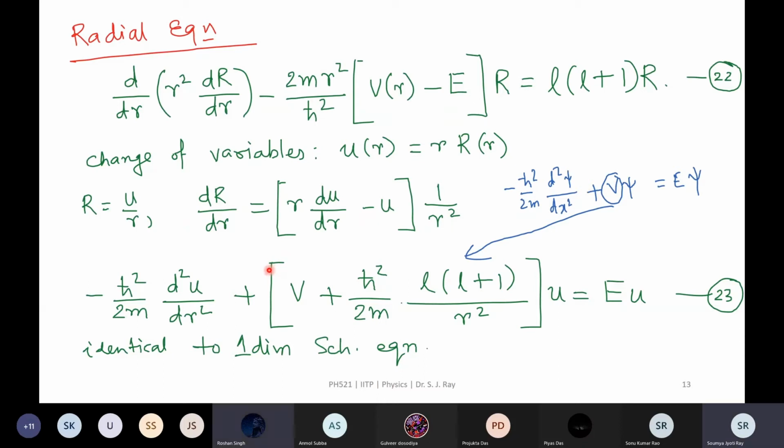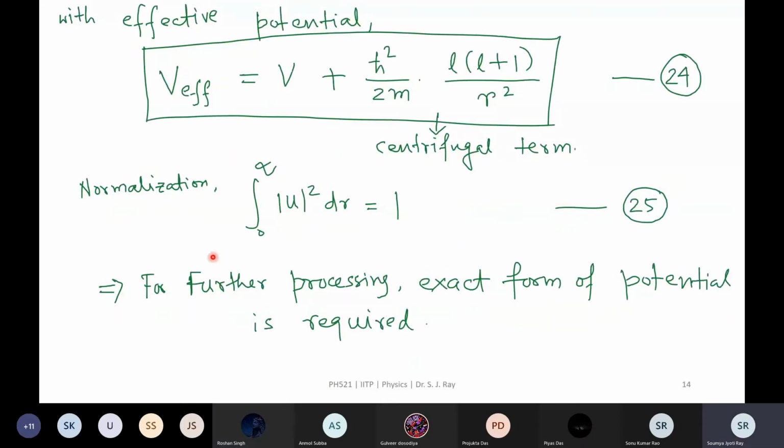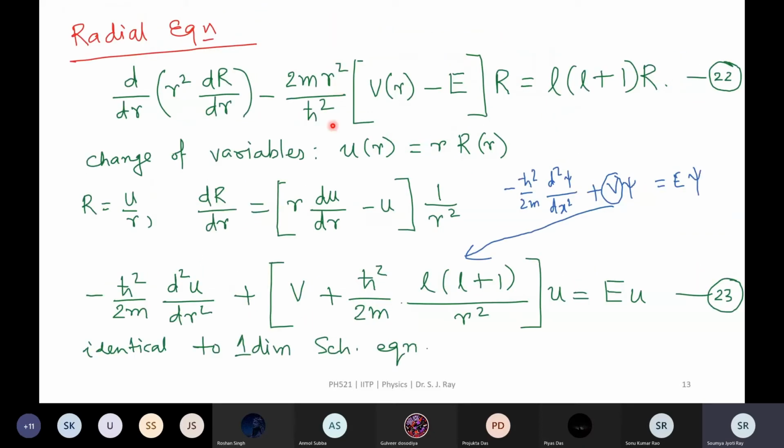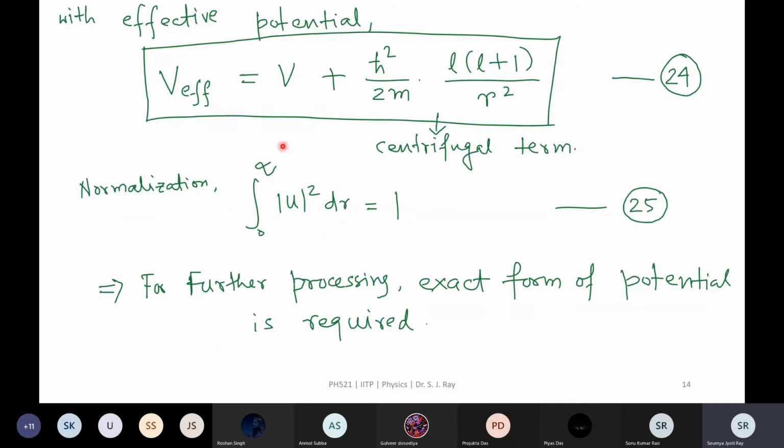Yes, sir. So what does that tell us? We have two terms in the potential, and we write it as V effective, which is the sum of V plus h cross square by 2m times L times L plus 1 by r square.